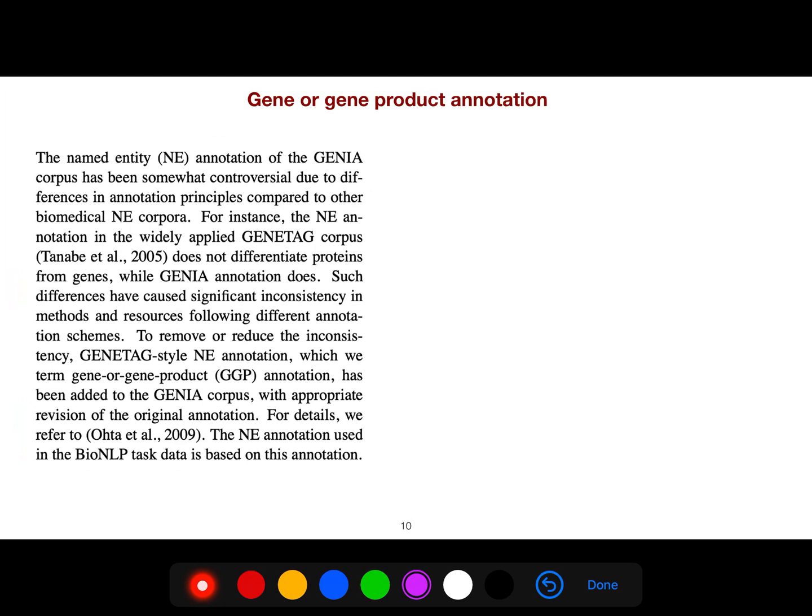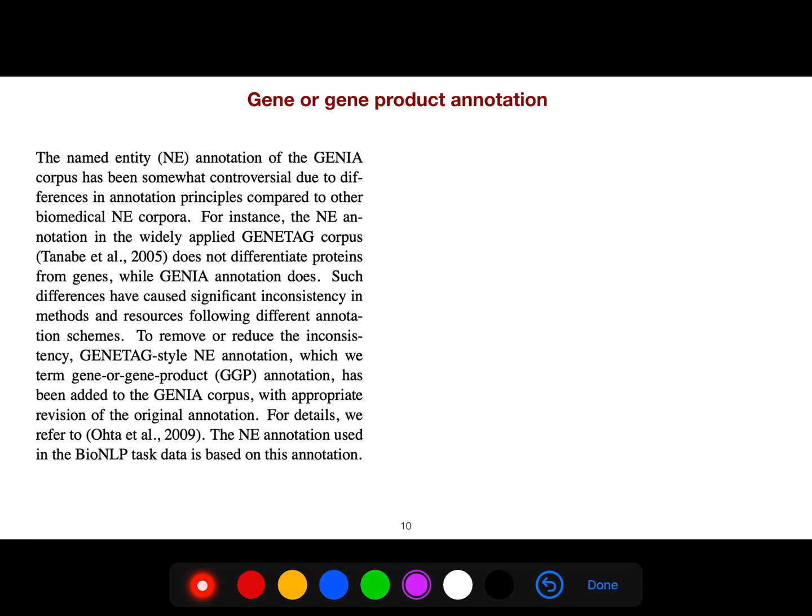The named entity annotation of the GENIA corpus has been somewhat controversial due to differences in annotation principles compared to other biomedical named entity corpora. For instance, the named entity annotation in the widely applied GENETAG corpus does not differentiate proteins from genes, while GENIA annotation does.